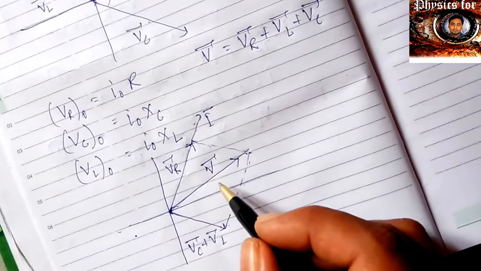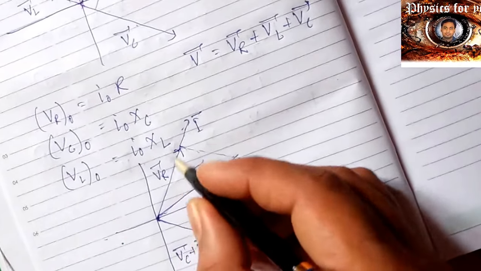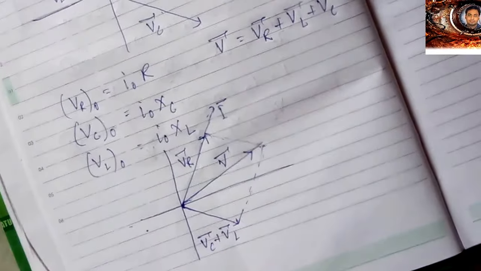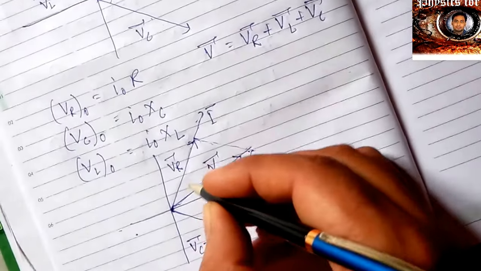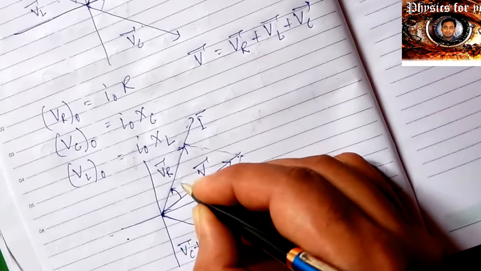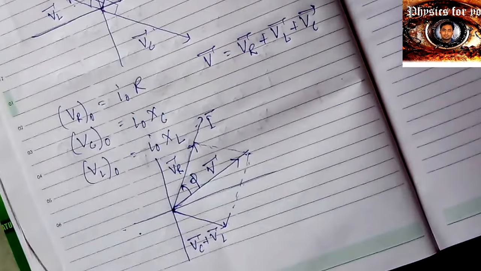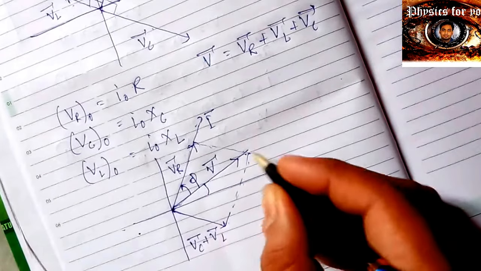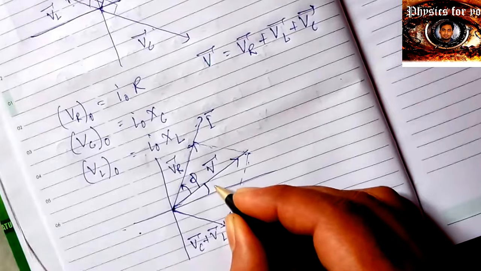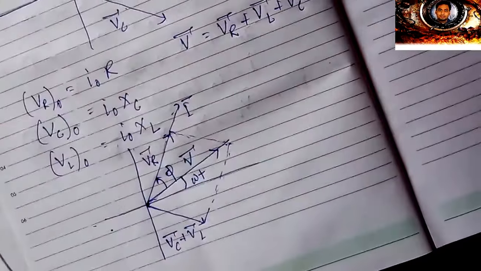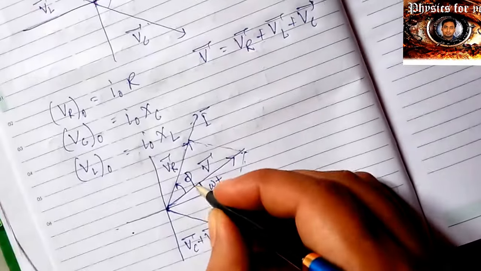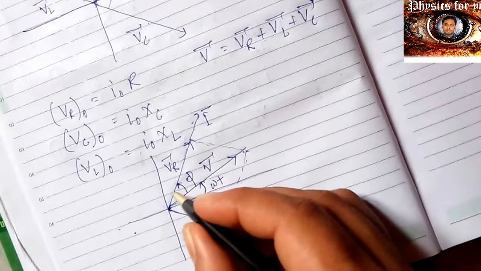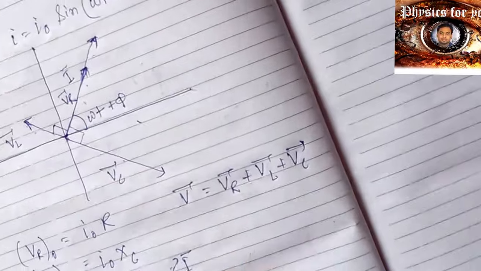So this is V, and current, according to my consideration, was leading the voltage by a phase angle phi, so this is phi, and this angle is omega t, as I have taken the phase of the voltage as omega t. So the total angle is omega t plus phi.